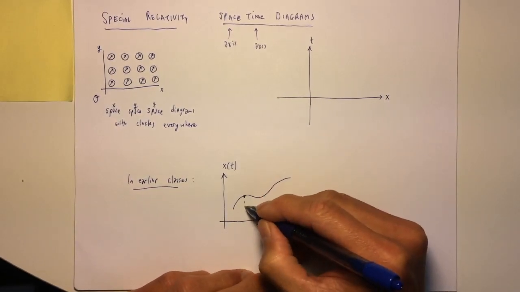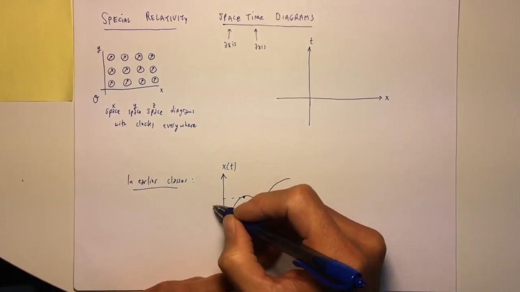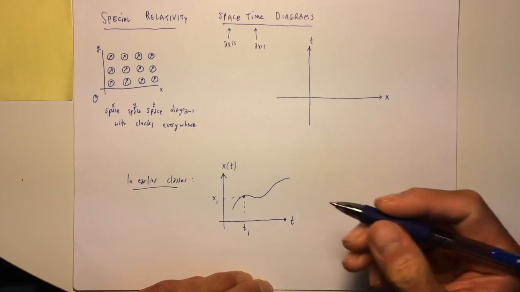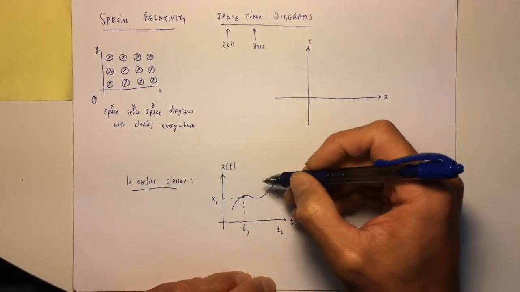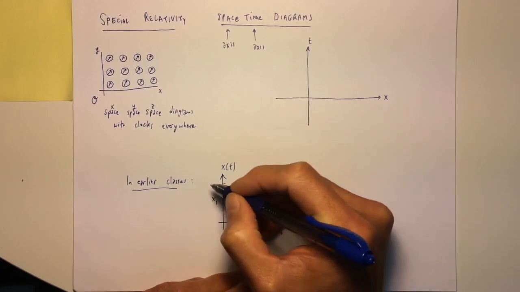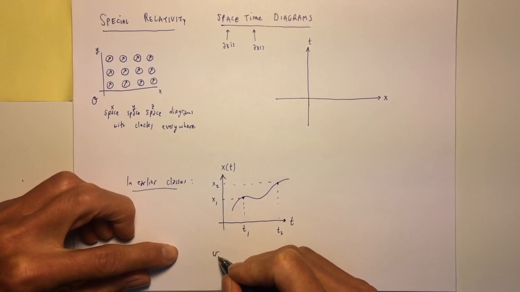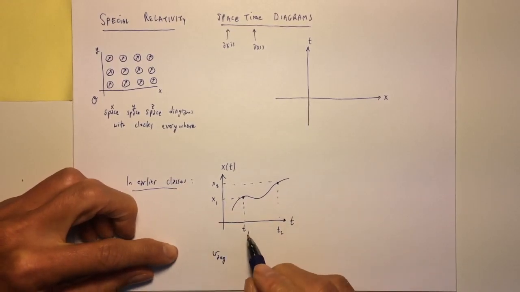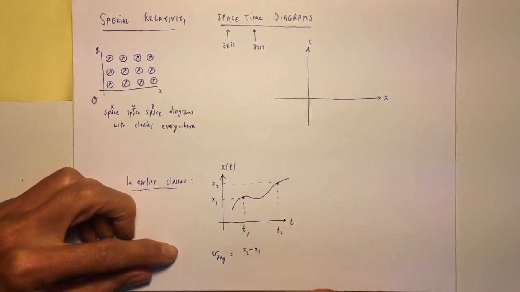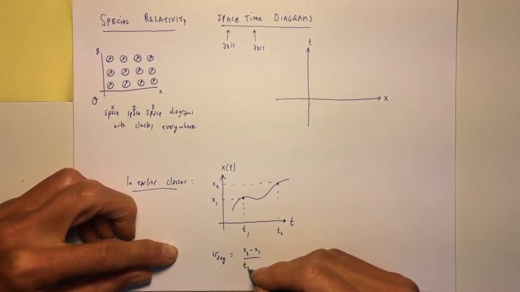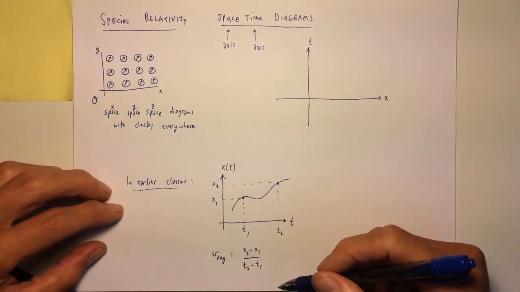The way you read this is at this time, there is a position x1, and at this later time, there is this other position x2, and you could do things like the average velocity between time 1 and time 2 is x2 minus x1 divided by t2 minus t1, right? So this is some stuff from earlier.